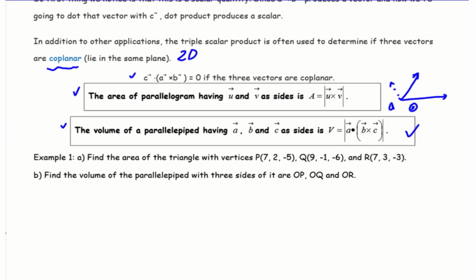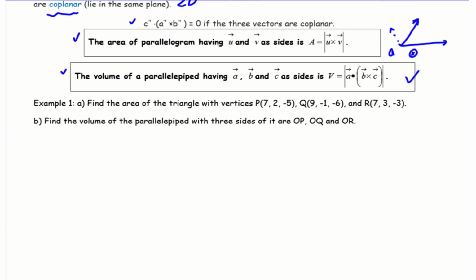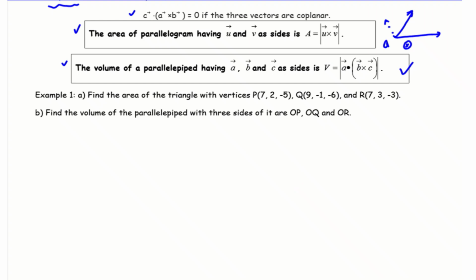Now we are going to see the example. We have done similar questions before. Find the area of a triangle. We just randomly draw a triangle here, PQR, not to scale.